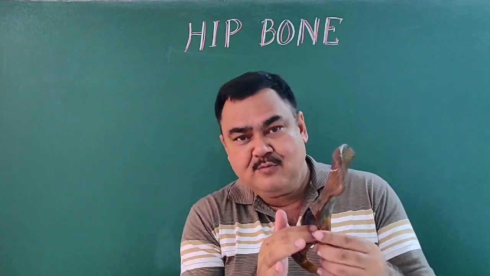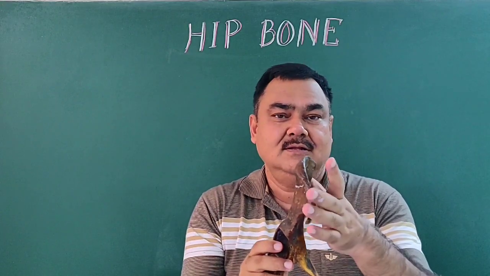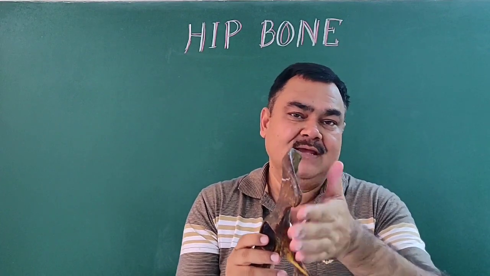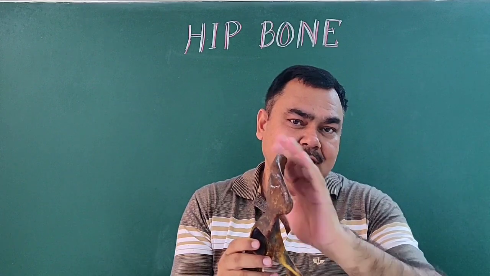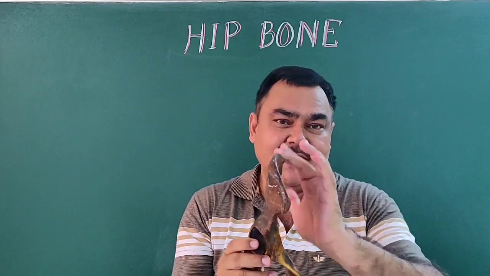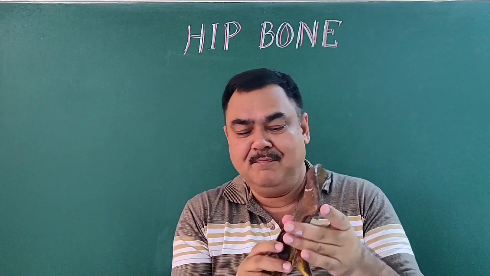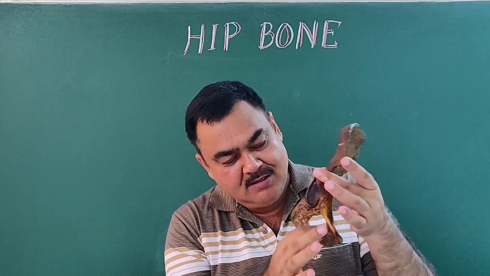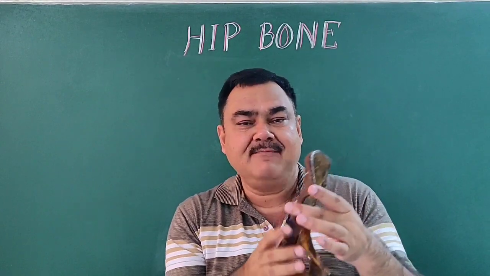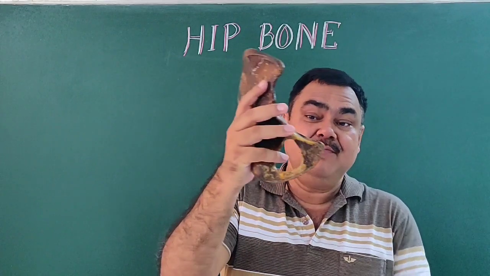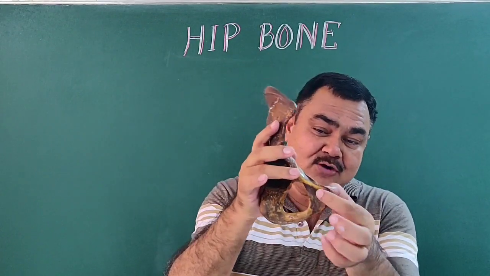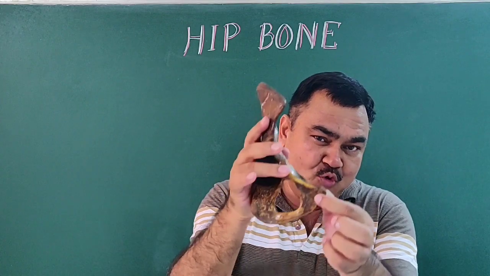And above this acetabulum, the large flank is ilium. Here is iliac crest. And below this acetabulum, there is a foramen. This is obturator foramen. And another important thing, anterior to this obturator foramen there is pubis.